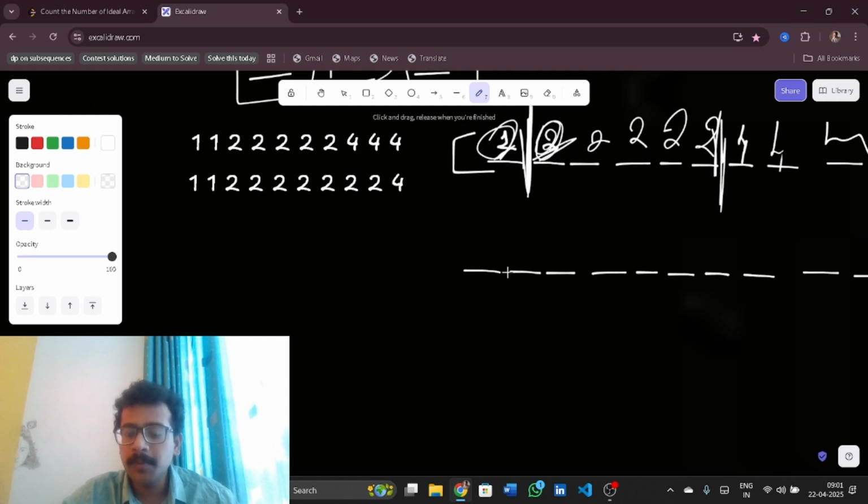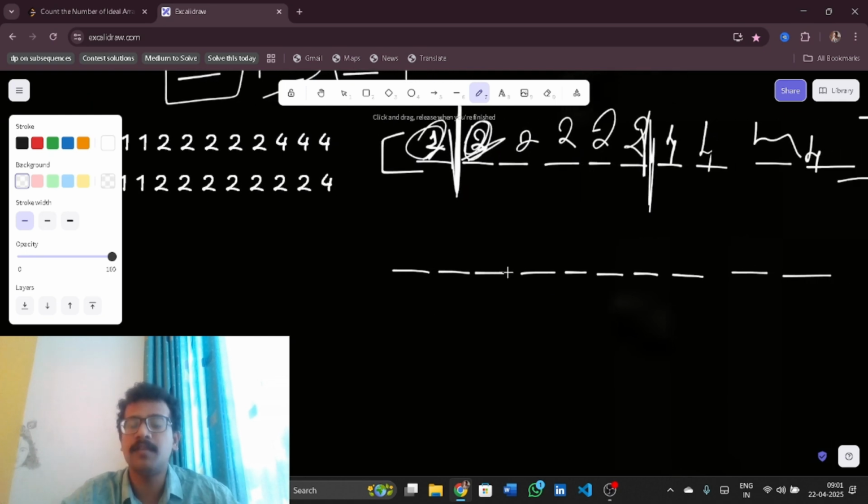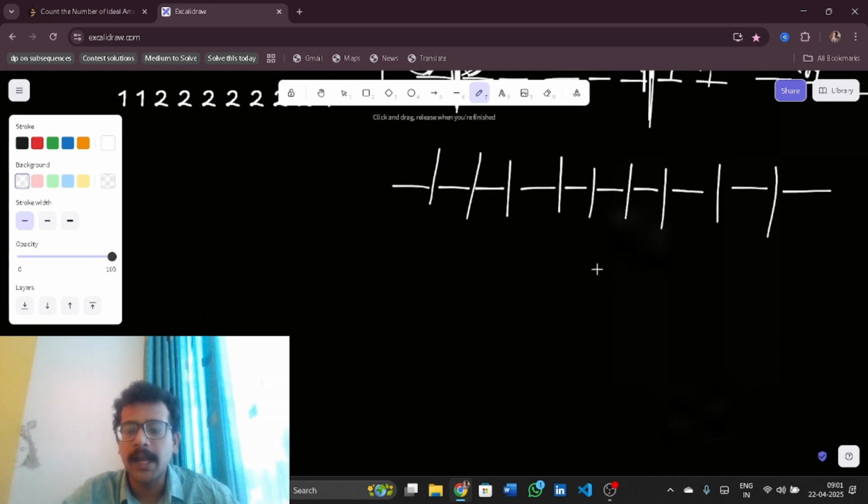Now, how many places are there where I can place the bar? I can place it here, I can place it here, 2, 3, 4, 5, 6, 7, 8, 9. So I have the array size as 10 and the number of places that I can place is 10 minus 1, which is 9. So if I write it as something like n minus 1.